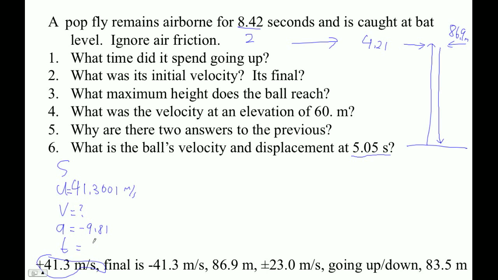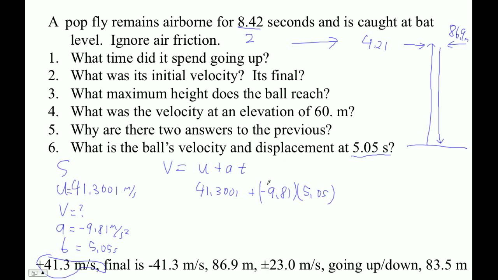Our time is 5.05 seconds. To find v, I'm going to use v = u + at, so it's 41.3001 plus negative 9.81 times 5.05. That's what the formula is for.